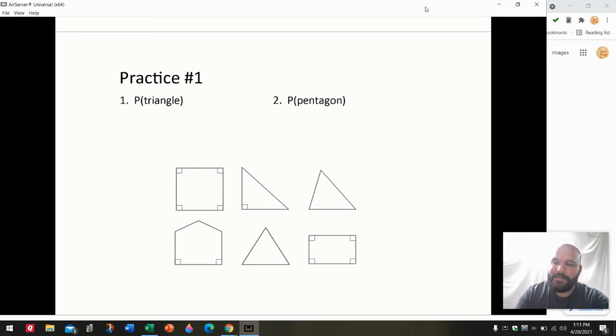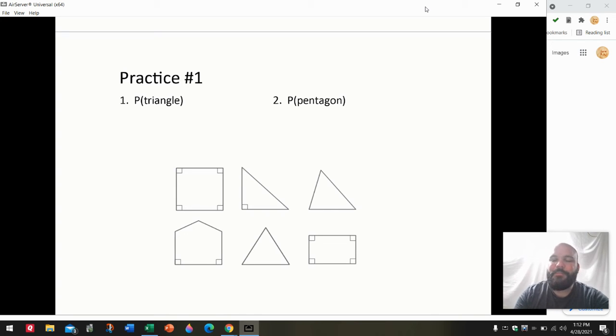And what that means is that the probability of a second event is not affected by the probability of the first event.